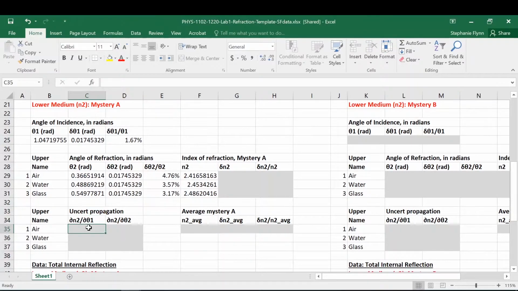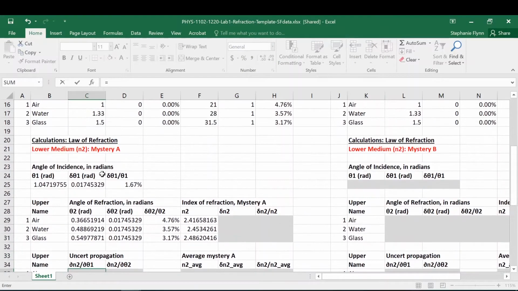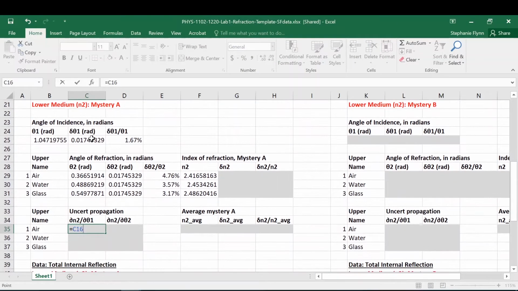So we've already worked this out, and we know that this partial derivative is equal to n1, so that value was stored up here, times the cosine of theta 1, making sure I'm using the radians value, and then that was divided by the sine of theta 2, which is here, again using the value in radians.